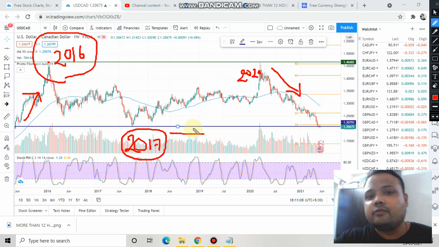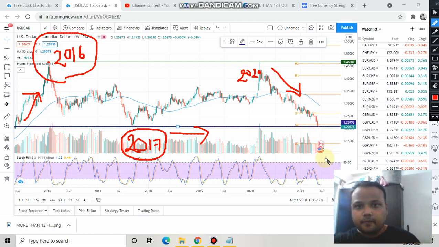Therefore the support from my point was there. If the resistance from 2016 is still valid, then the support from 2017 should be a valid one. And right now we can see that yes, market is struggling. Market is not falling. Rather, bulls are trying to take the price upward. There is a constant battle between the bulls and the bears.